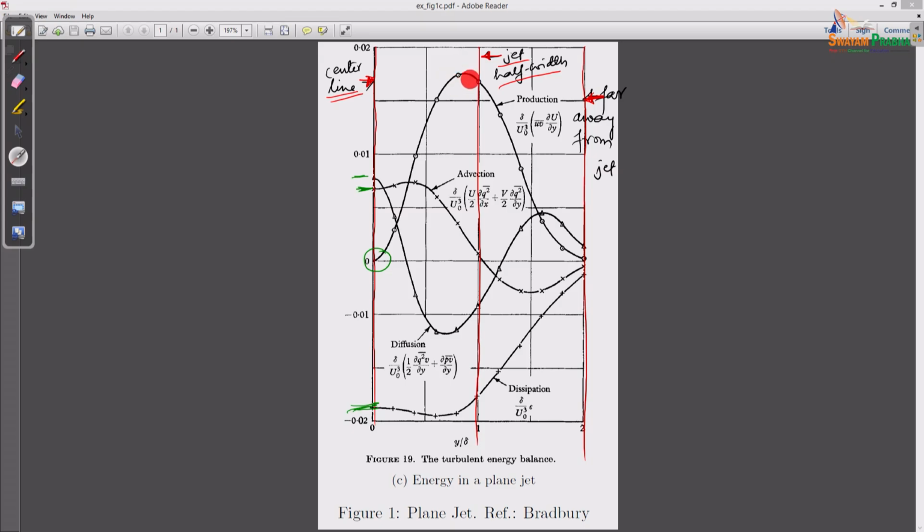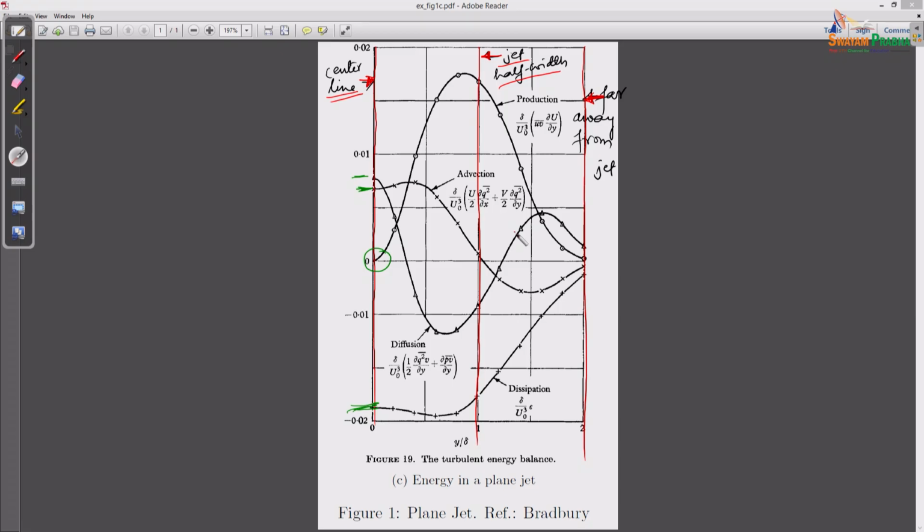The maximum production is happening just before the jet half width, and then it starts decreasing. At the jet half width it's nearly the maximum, and then it continues to decrease, obviously, because this is turbulent kinetic energy. The farther you move away from the jet, the u dash, v dash, w dash values start decreasing, and therefore the production value also decreases, and finally it's nearly zero.